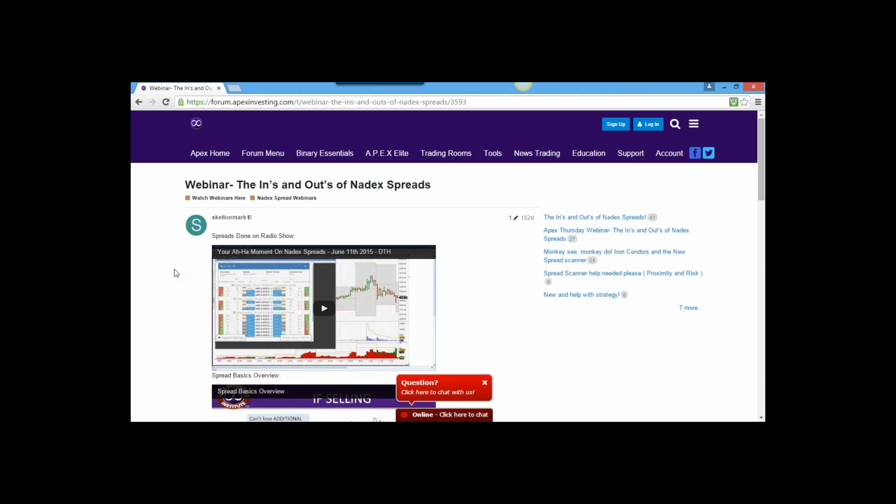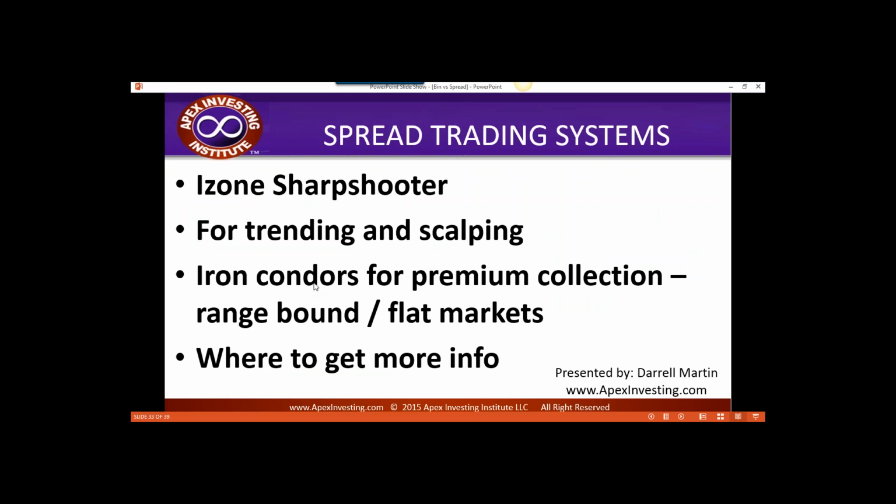It's all about does it expire above or below your strike price. Binaries don't work that way as far as 1 tick equals X amount of dollars. It's not tick based, okay? So that's where you can get some information there about spreads, okay?